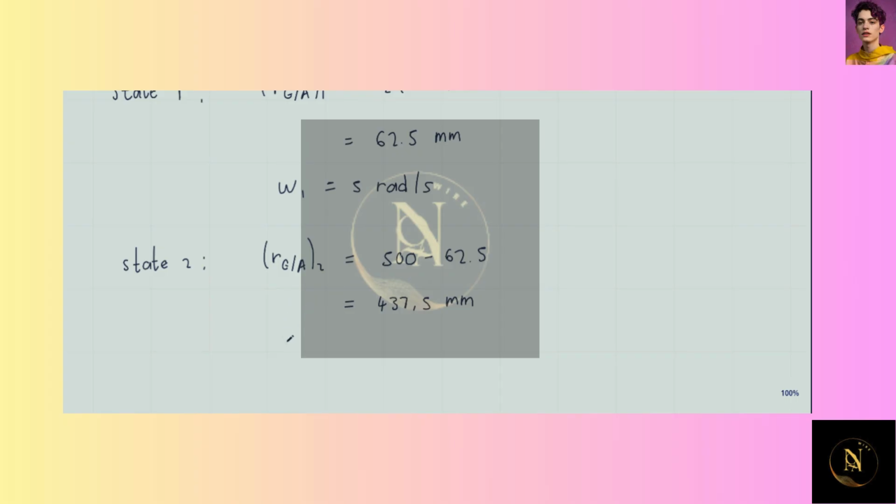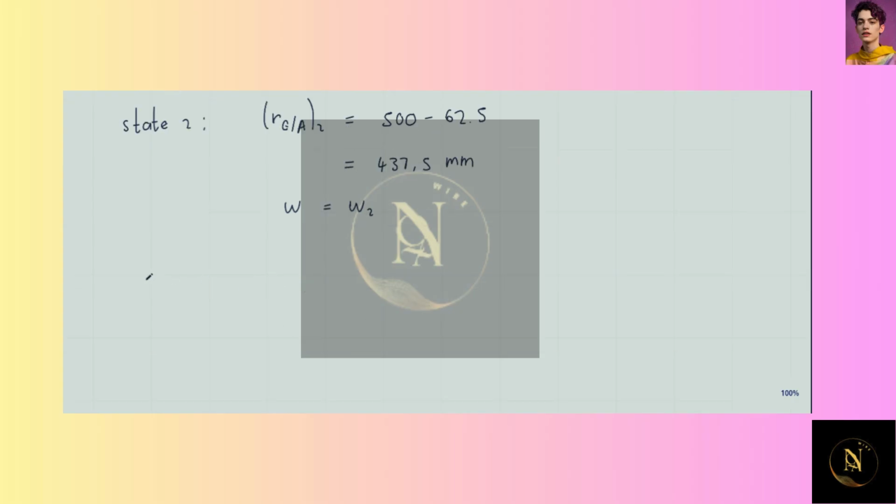And we'll let the angular frequency at this point, omega 2, be equal to simply omega for simplicity. And finally, V bar, which is the speed of the mass center of the tube, is equal to R of G relative to C times the angular frequency at which the assembly is rotating, omega.